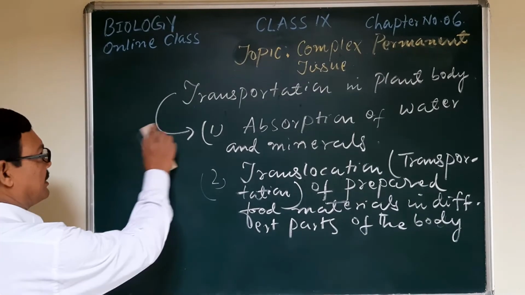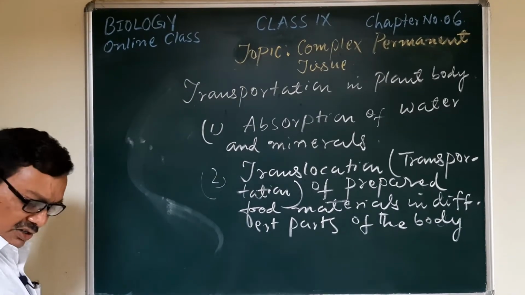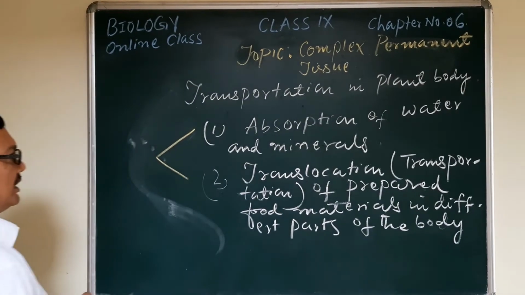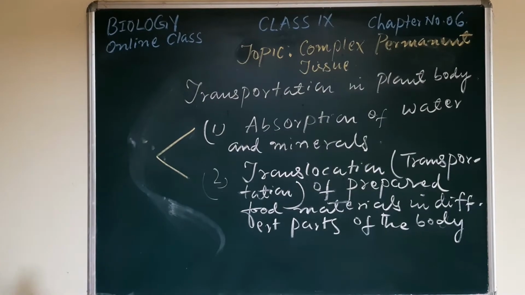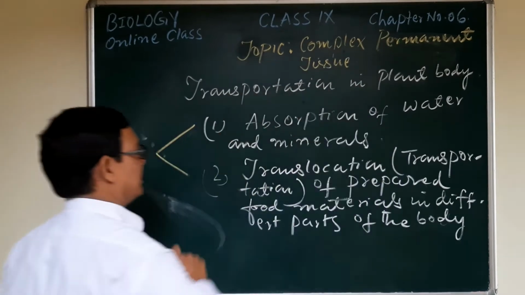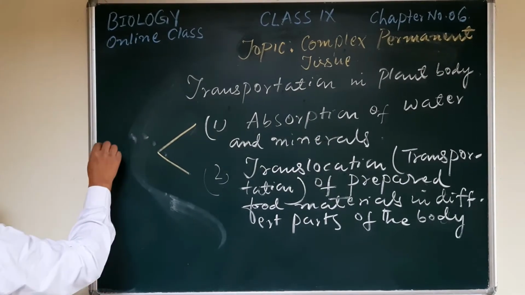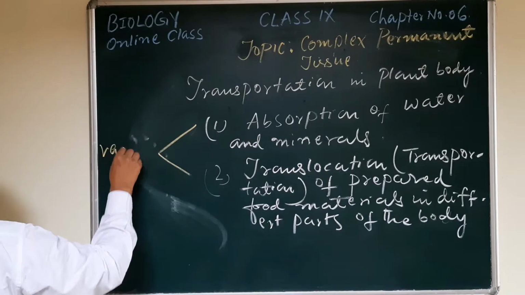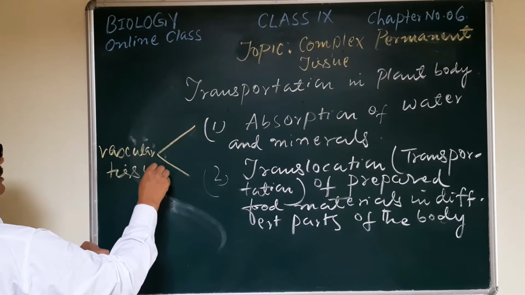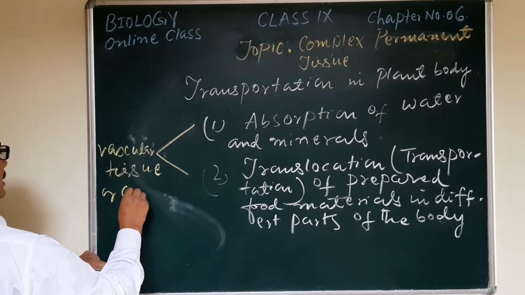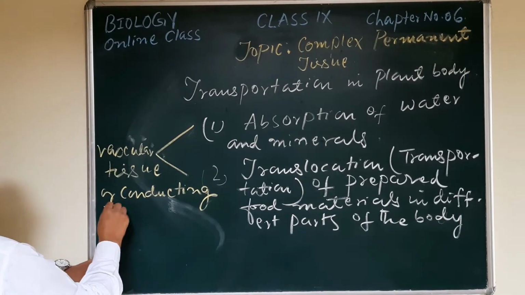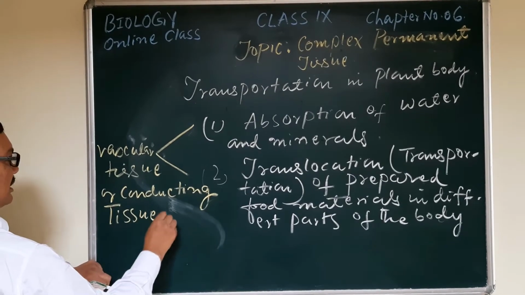These two functions are performed by a special type of plant tissue that belongs to the complex permanent tissue, that is the vascular tissue or conducting tissue in plants.